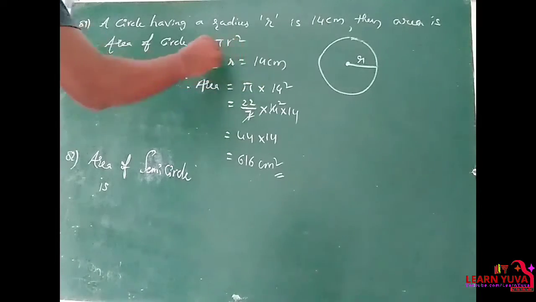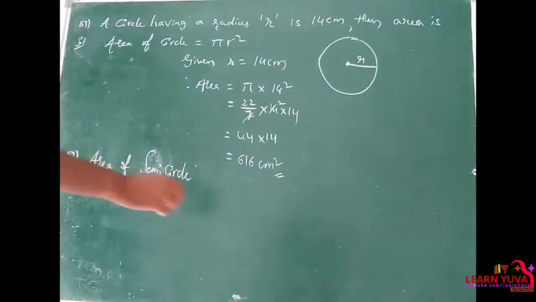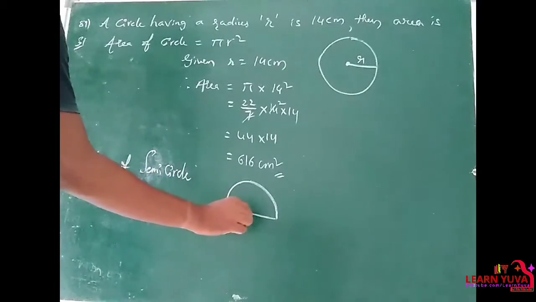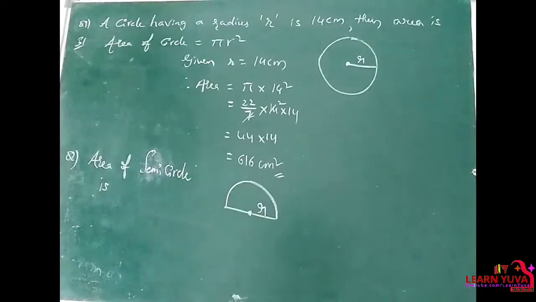So area is equal to pi r square. So semicircle in the sense half of the circle, they have the radius r. So pi r square, it is for full circle. For semicircle it is by 2.